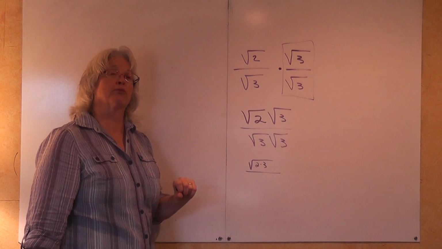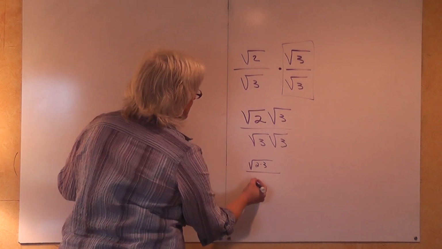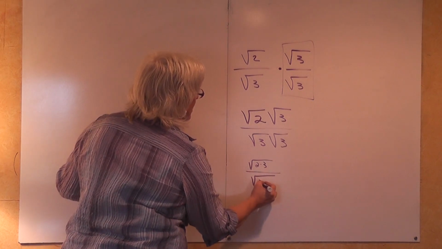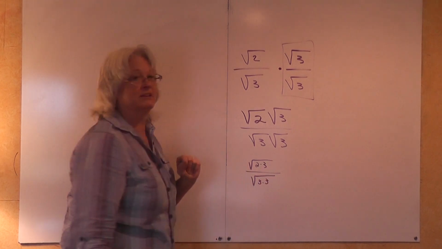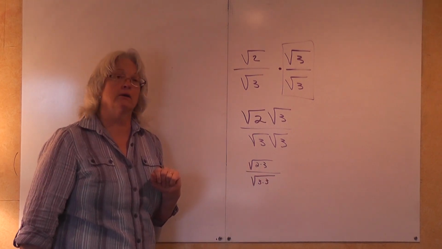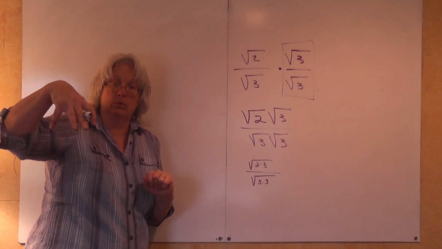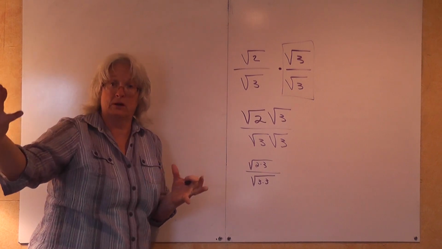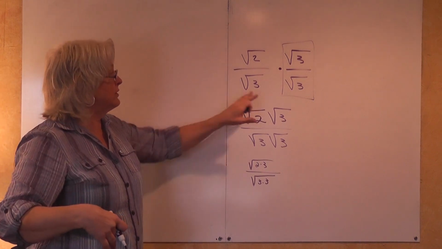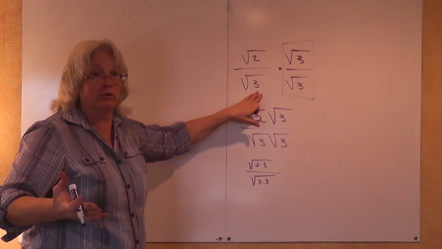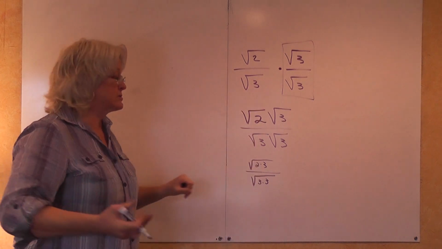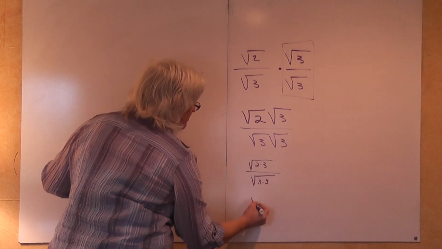What's the square root of 3 times 3? Aha! That's starting to make sense, isn't it? Because the square root of 4 is 2, 2 times 2 is 4. The square root of 3 is just the square root of 3. The square root of 3 times the square root of 3.